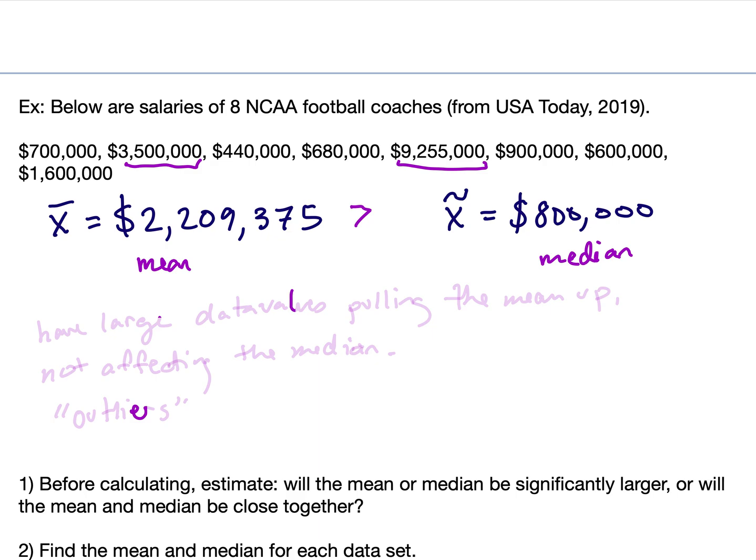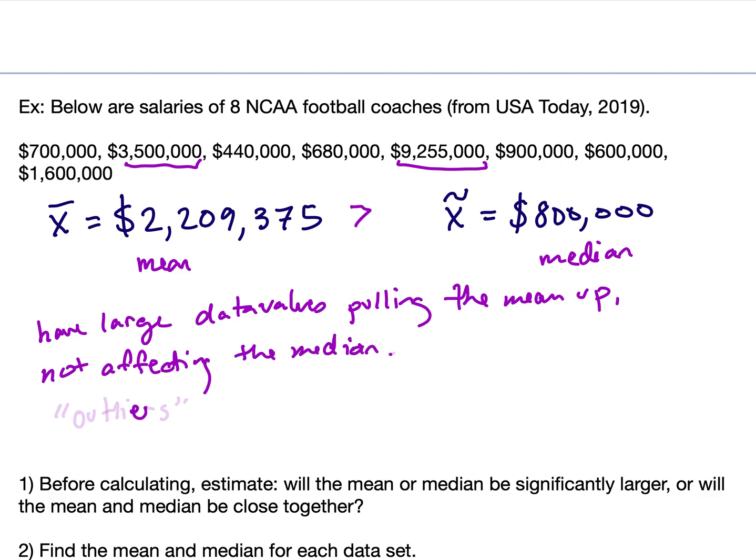But basically we have large data values that are pulling the mean up while they are not affecting the median. The median is just based on the two middle values.